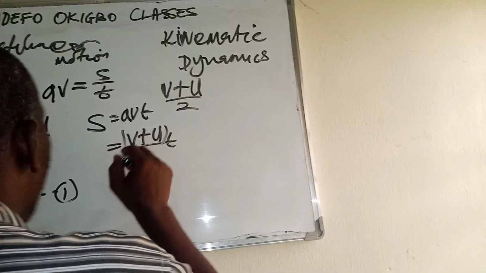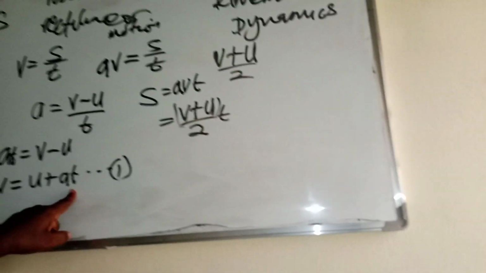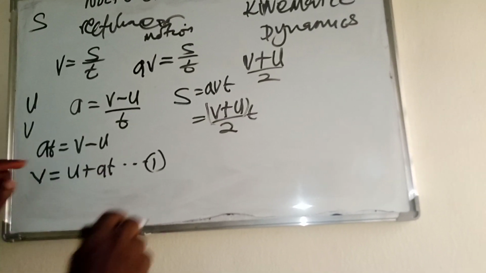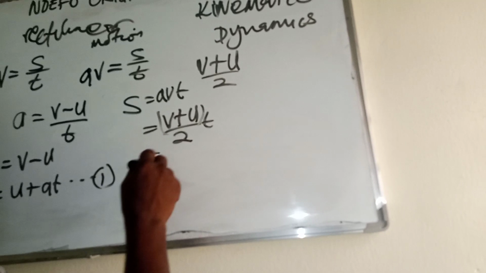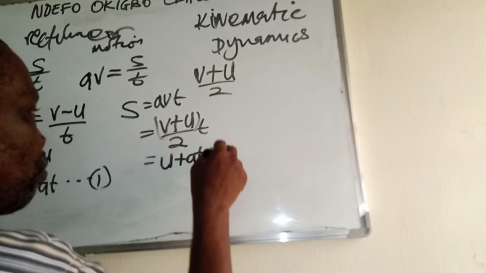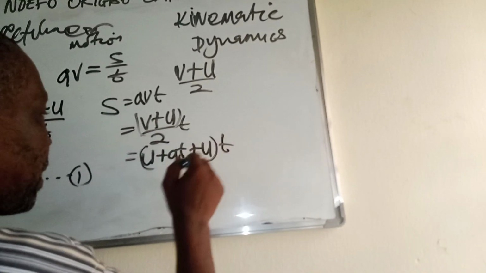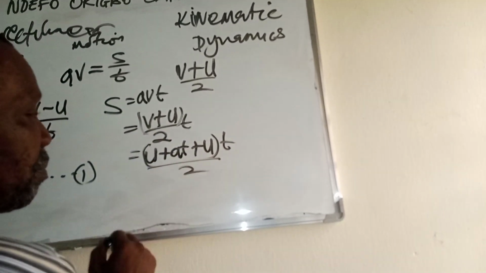And we know from equation 1 that v is equal to u plus at, which means replacing v, we have u plus at plus u, all multiplied by t, all over 2.